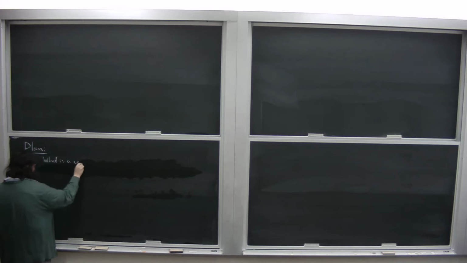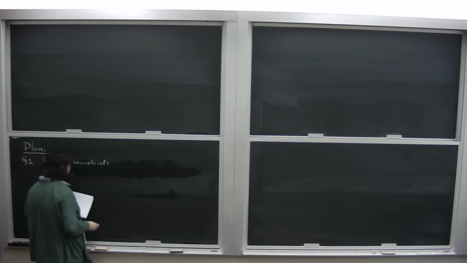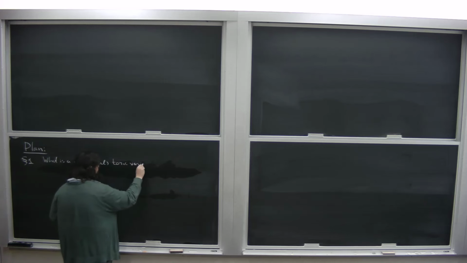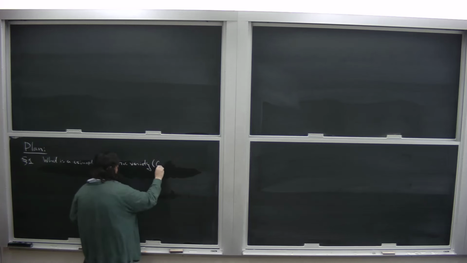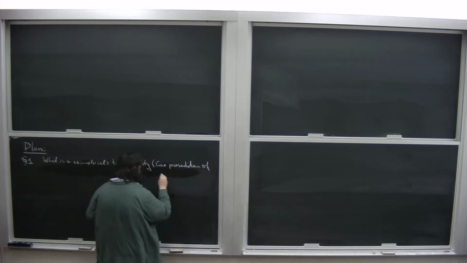Today's talk. So the first part would be what is a simplicial, and simplicial not in any sort of homotopical sense, toric variety, or just the Cox presentation of toric varieties.